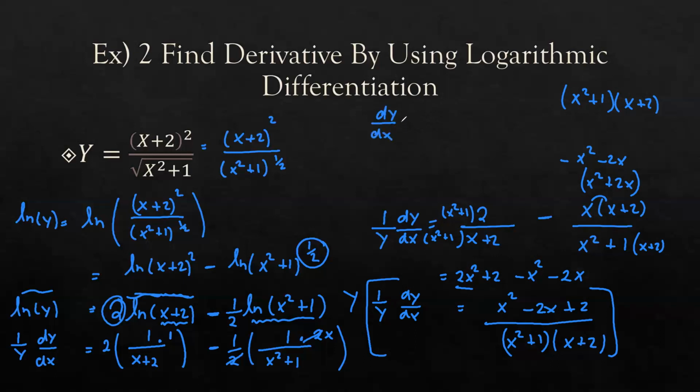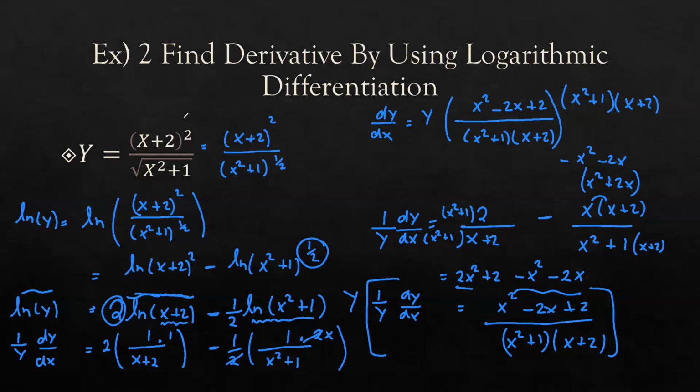And then we have, so we're multiplying both sides by y. So this is going to be y times this whole thing, right? And then just replace y with the original function.